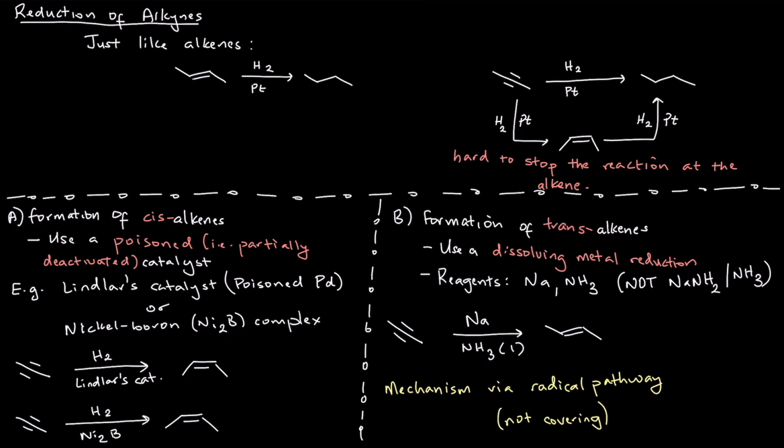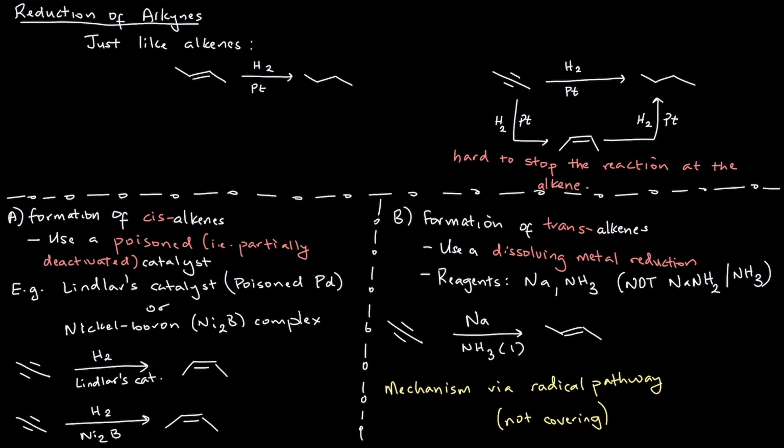If you wanted to form a cis-alkene, you would use hydrogen under Lindlar's catalyst or hydrogen under the nickel boron complex. If you wanted to reduce that alkyne to a trans-alkene, then you would react that alkyne with sodium dissolved in liquid ammonia.